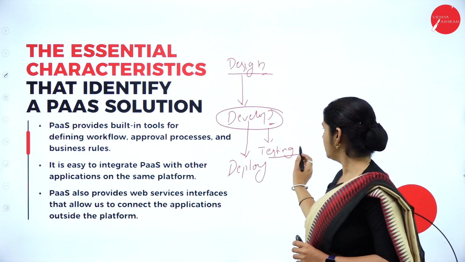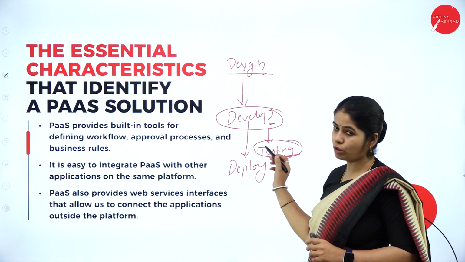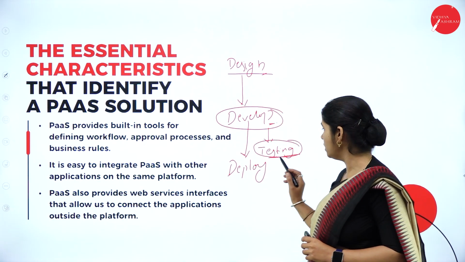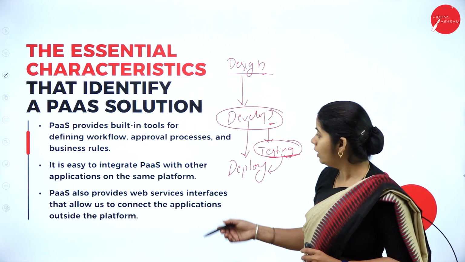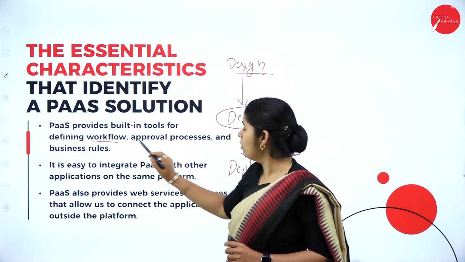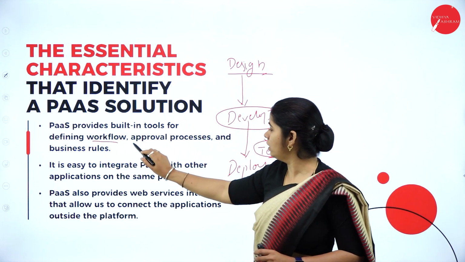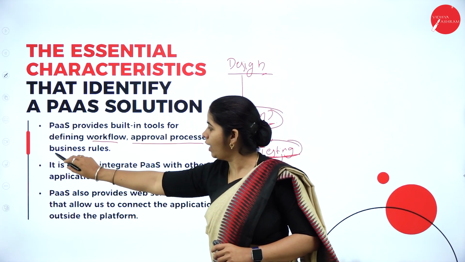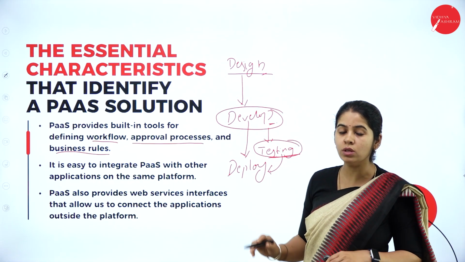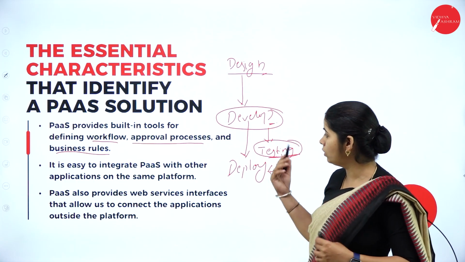In testing, we have different types of testing which check that the design characteristics are met. After testing, it has to be deployed onto the cloud. That is the workflow we have. Once it is tested, it has to go through the approval procedure, and then we have to follow the business rules to deploy that application to the cloud.